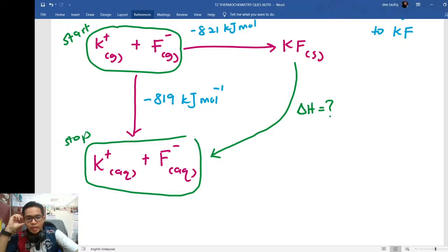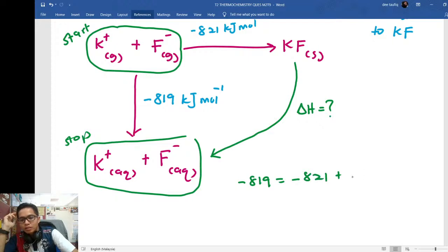So negative 819 from this cycle, negative 819 is equal to, okay, jalan jauh sikit, negative 821 plus delta H solution. So I put as delta H sol. Sol meaning solution lah for this question.